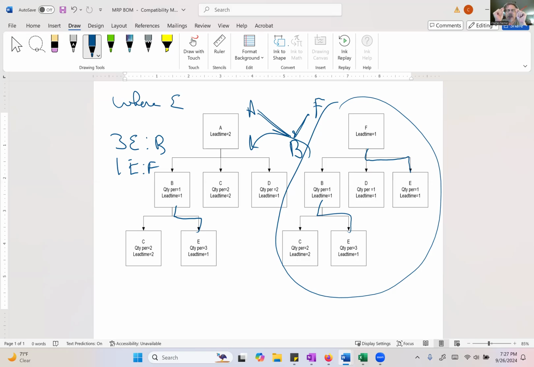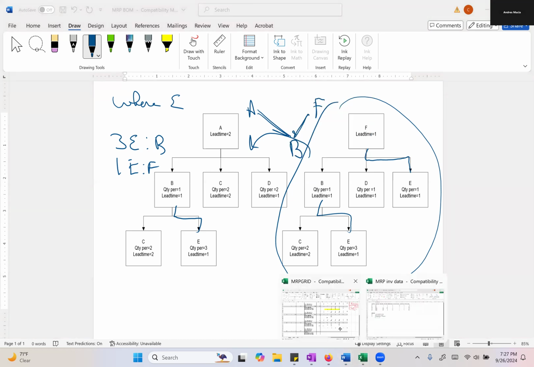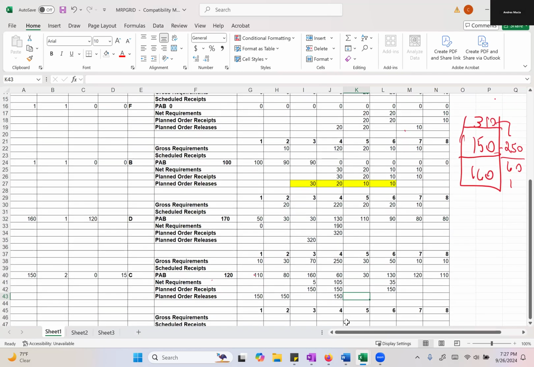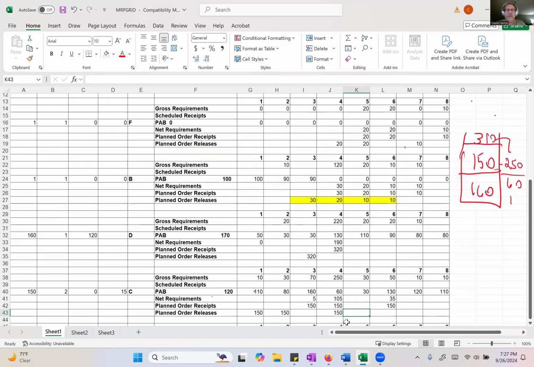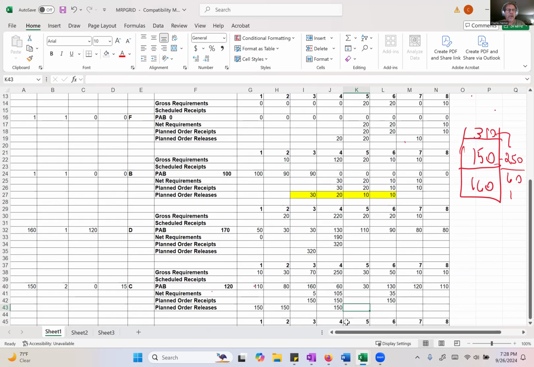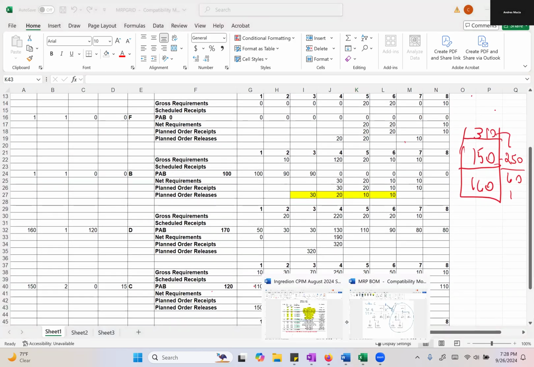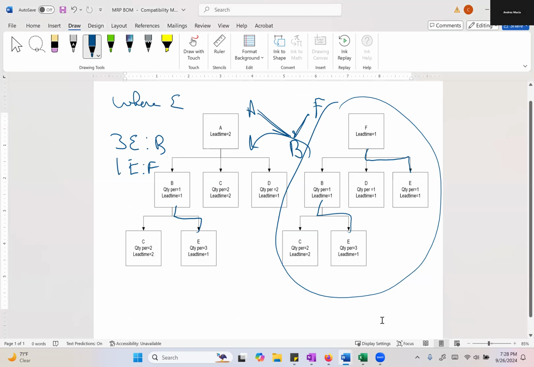A little bit. But what would happen, for example, in the case of F, if instead of the same number of E's per B, we had different numbers?